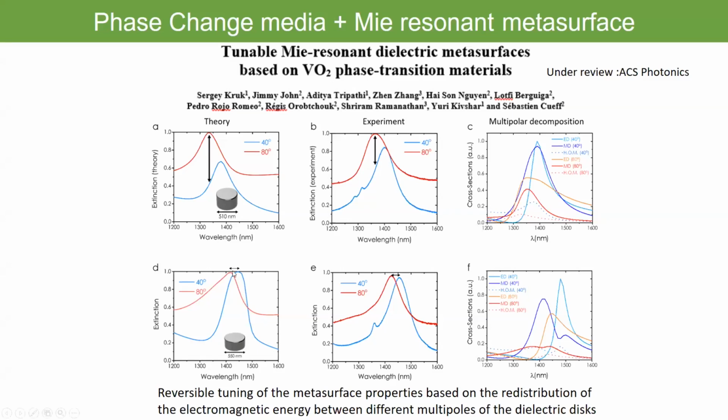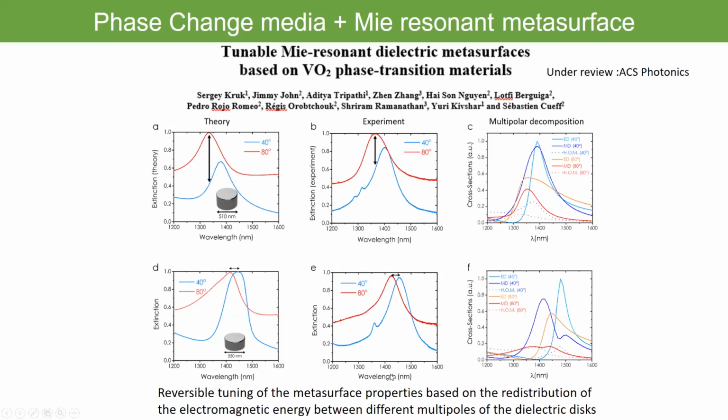We also demonstrated that for a different disk diameter, this resonance could be tuned by 30 nanometers, and this 30 nanometer shift can also be used for some kind of device which could do sensing, or, I mean, we didn't think much about application, but still this result was pretty promising for use as a programmable optical device.